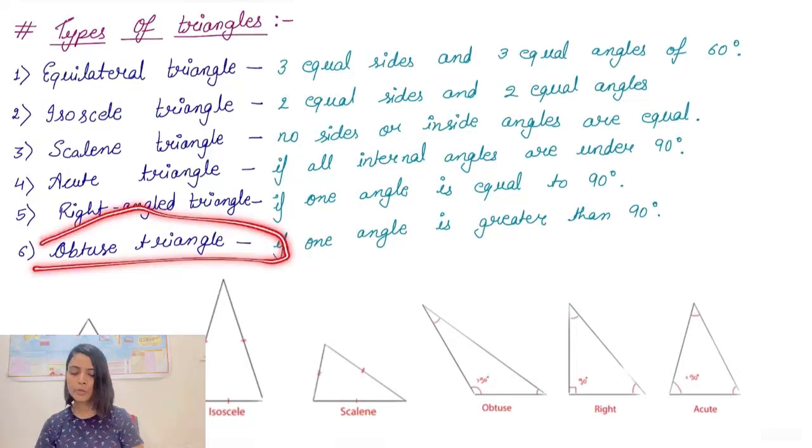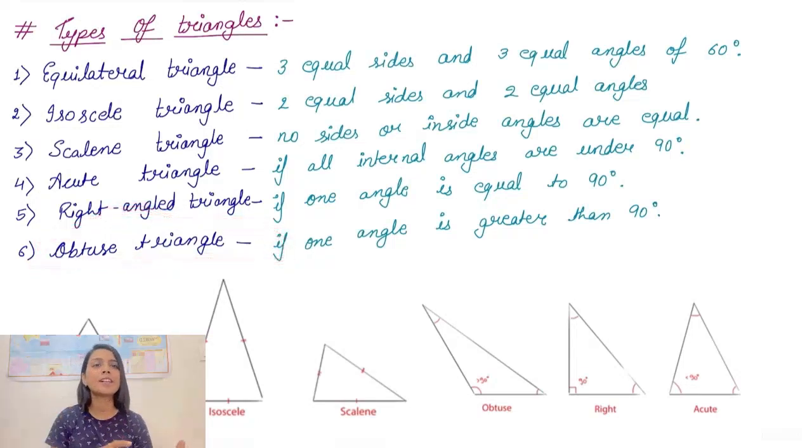Third is the obtuse triangle. An obtuse angle is more than 90 degrees, so in the triangle one angle is more than 90 degrees and the other two angles are less than 90 degrees.